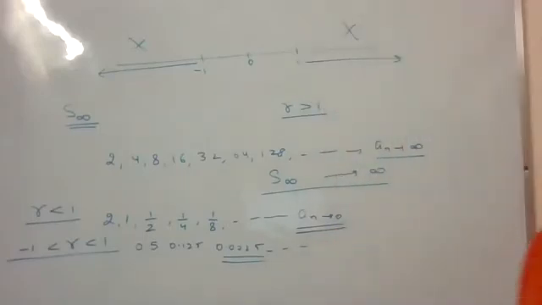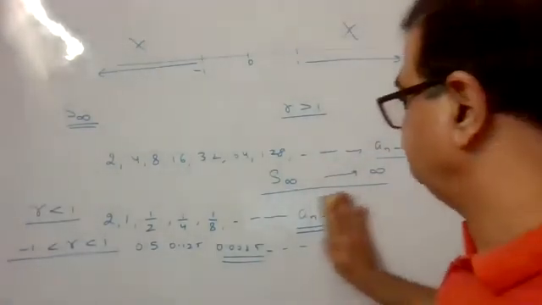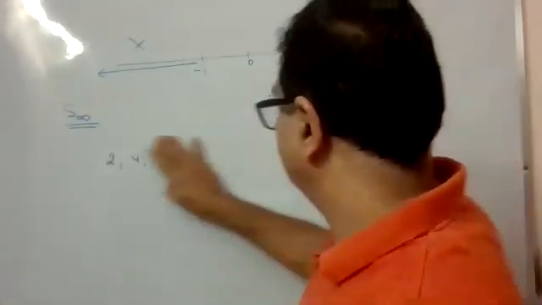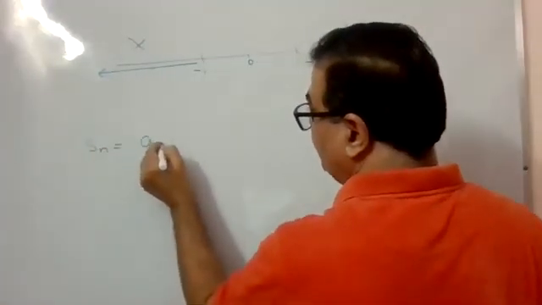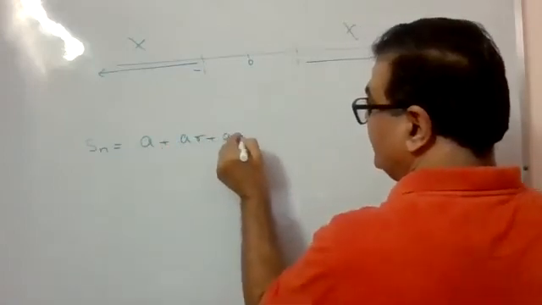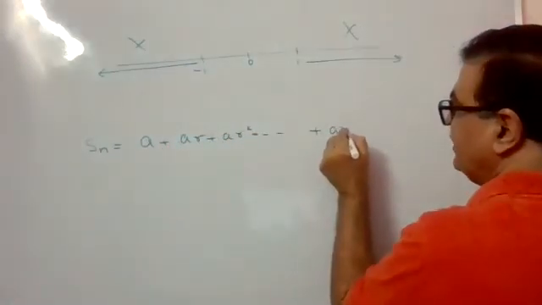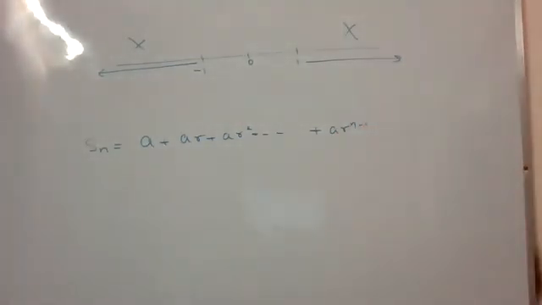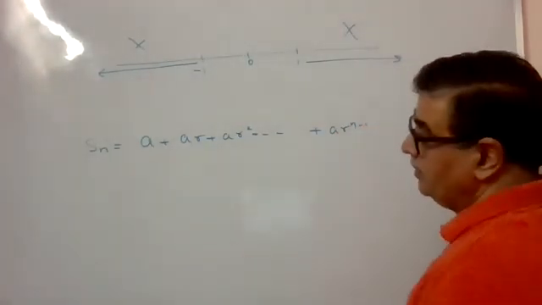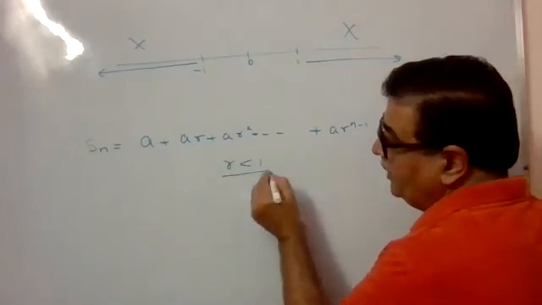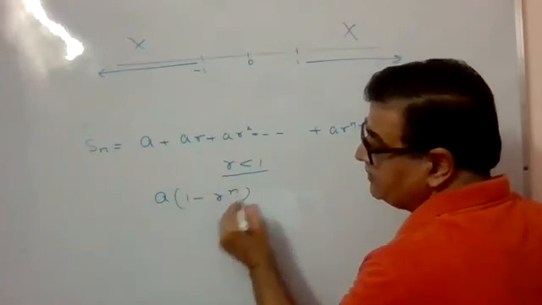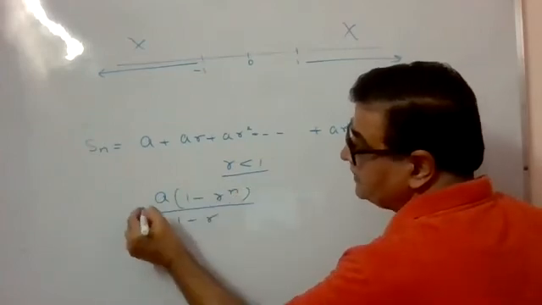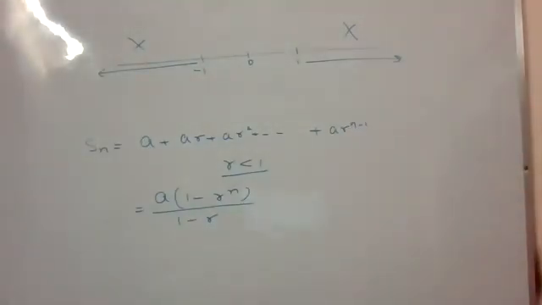So now we will come on sum of infinite terms of GP. The formula is A plus AR plus AR square. By the way, I'll take first n terms. Sum of n terms, where I'm saying R is less than 1. So what does my formula say? A times 1 minus R power n, by 1 minus R, is the sum of n terms.